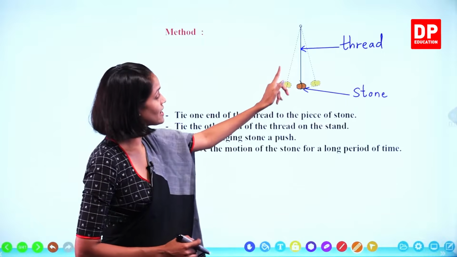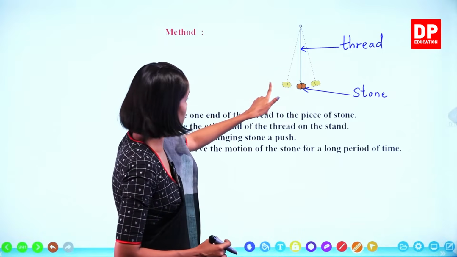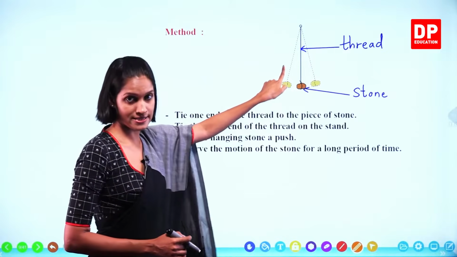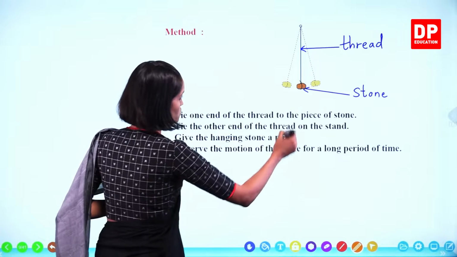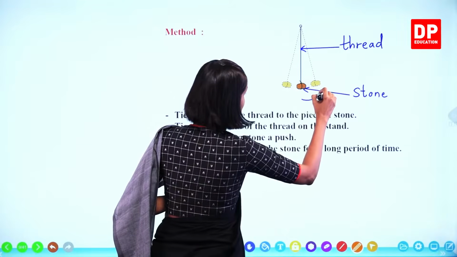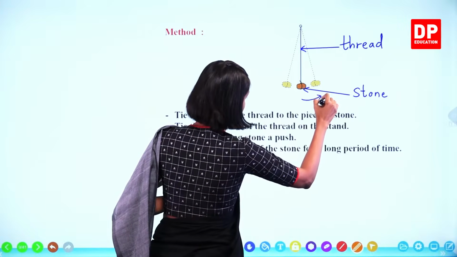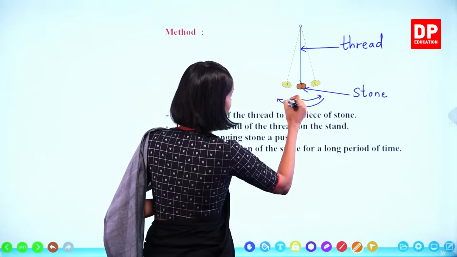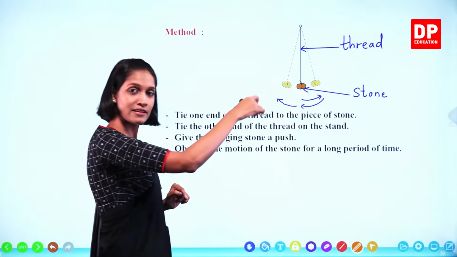You will realize the stone will move to either side. That is what is given in these dotted lines. The stone is going to move to this side, come back to the same place, then again to this side, and again come back to the same place.